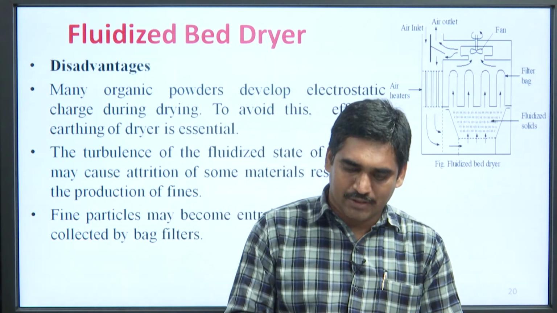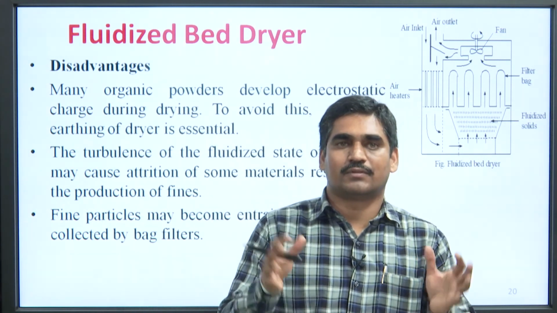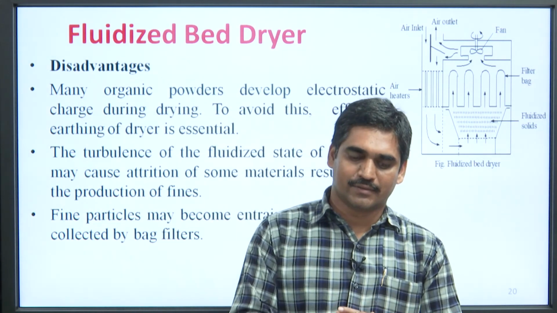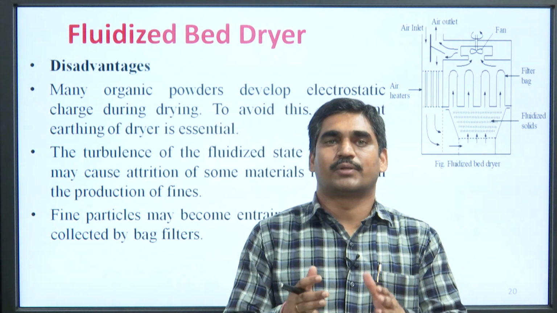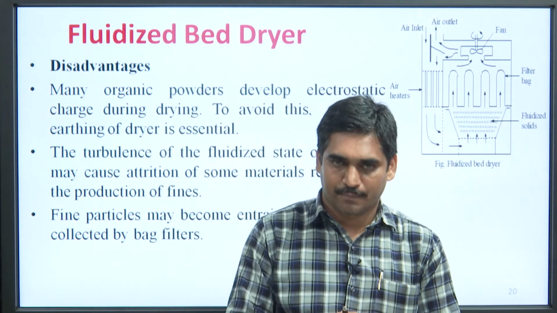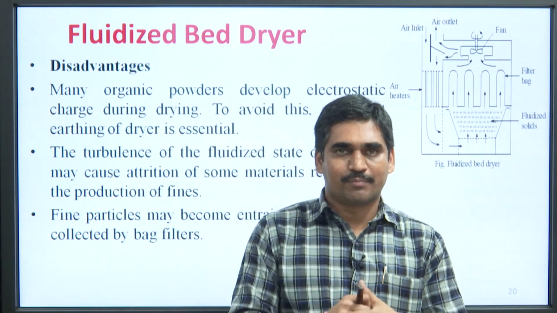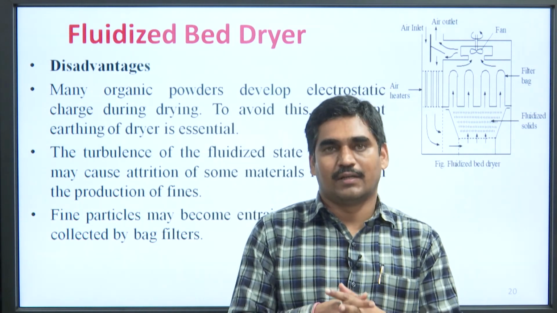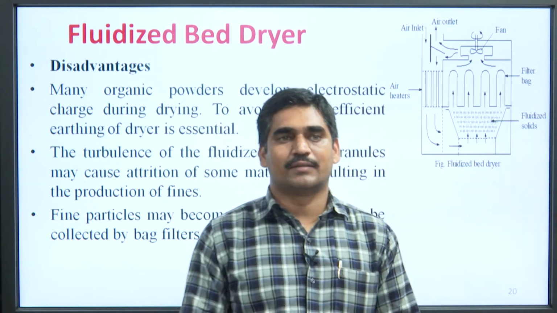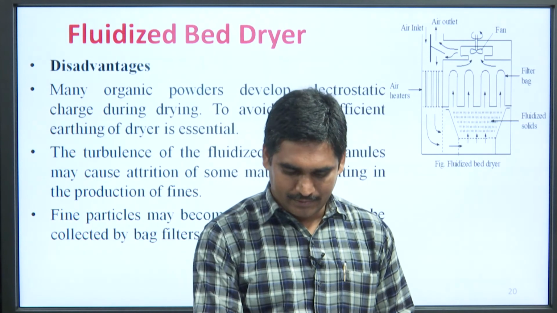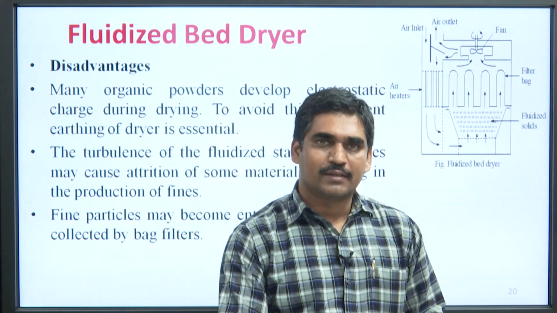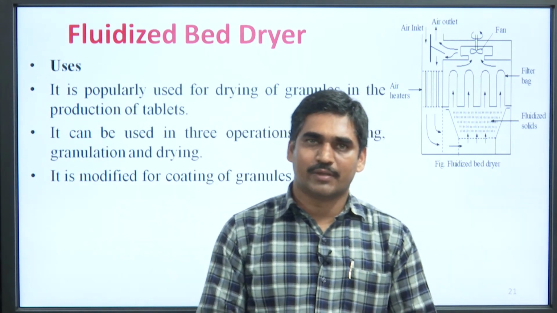Turbulence of the fluidized state of granules causes attrition of particles, which results in the production of more fines. Fine particles are entrained and can be collected by bag filters. So, these are certain disadvantages of fluidized bed dryer.